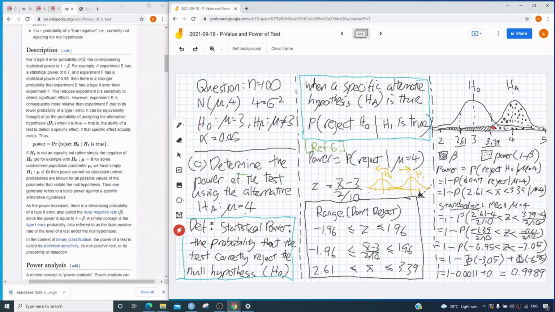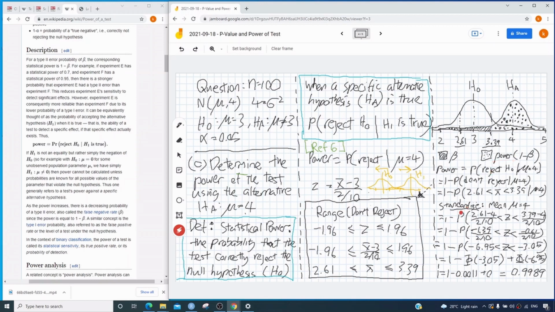What we usually try to achieve is a bigger power or smaller beta, the type 2 error. If H0 and H1 are further apart, then the beta will be smaller, so we will have a larger power.